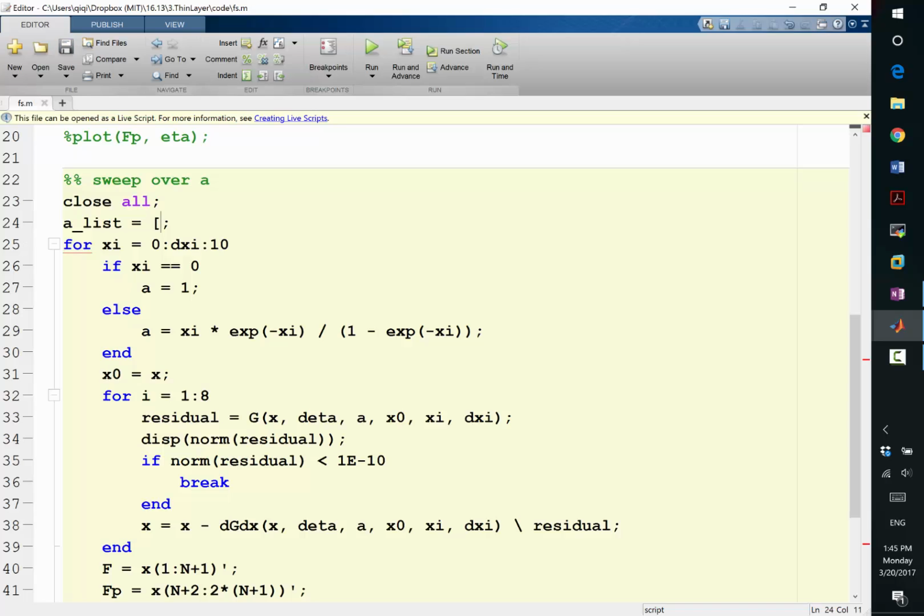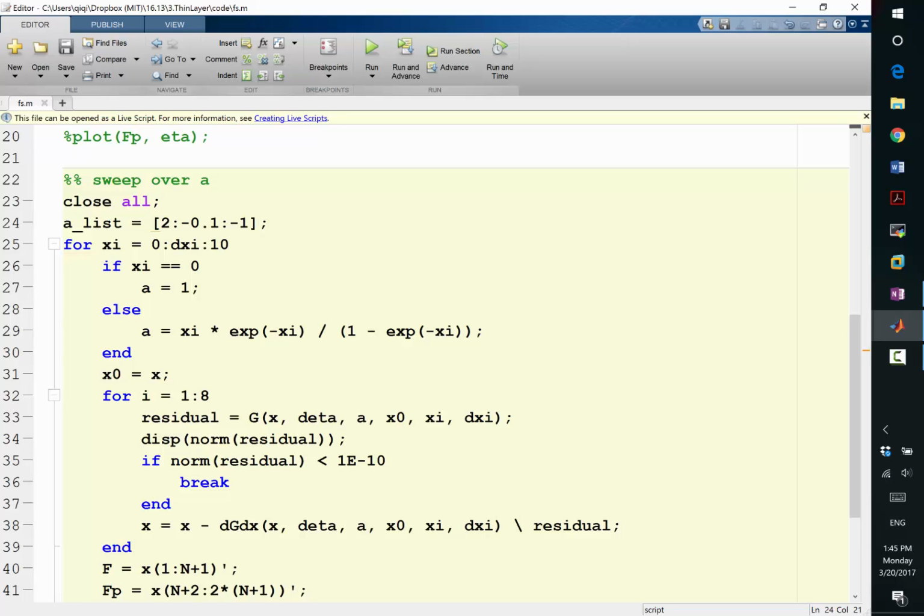So let's first, we know that if A is positive, we're going to get a very stable solution. When A becomes negative, the flow starts to separate, and at some point, we no longer get solutions, right? So let's sweep from positive backwards to -1. And we are going to break.